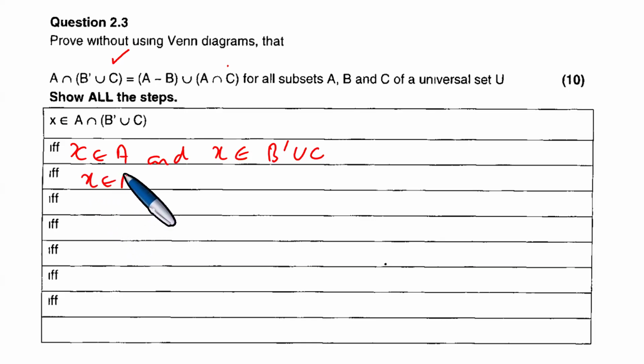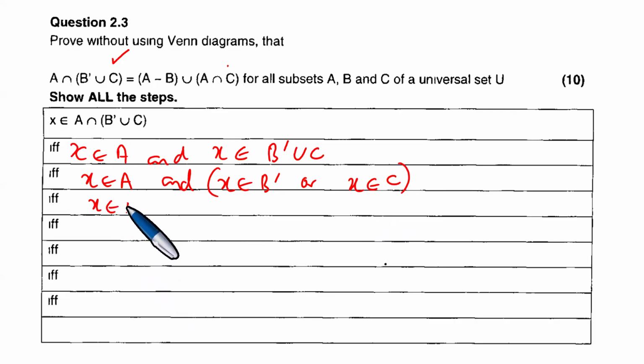This means X is an element of A, and X is an element of B complement, or X is an element of C, like so.